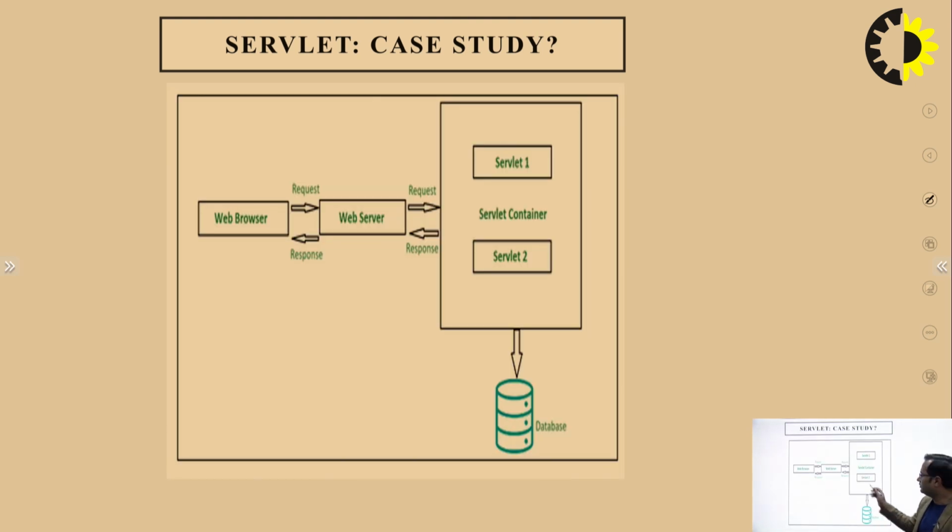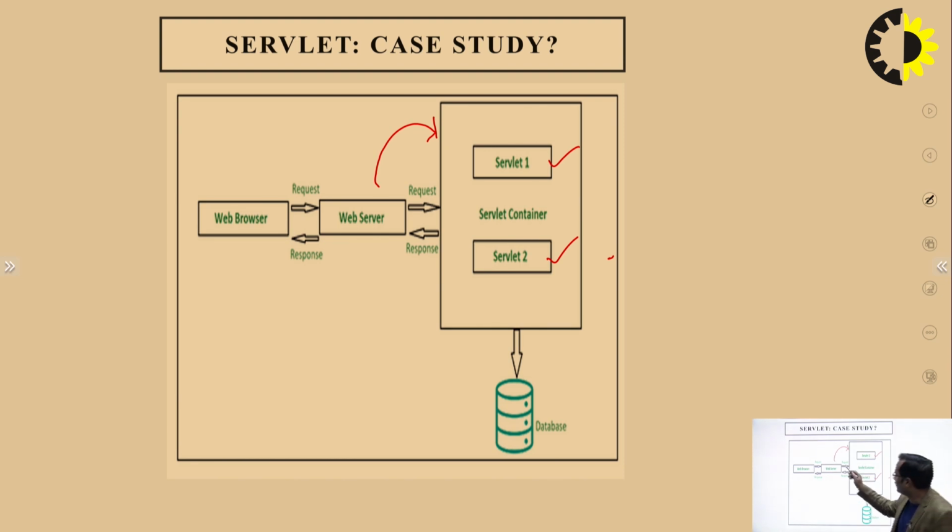We can see here we require a web server. This web server handles the request initiated by the web client. That means the request is coming from the browser, and then the request is received by this web server, and then this request is transferred to the program that is running on the web server. So here are various servlet programs running on the server side, on the remote side.